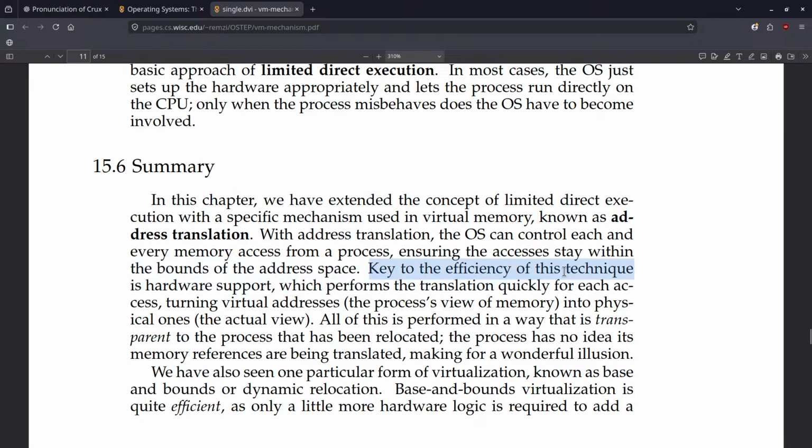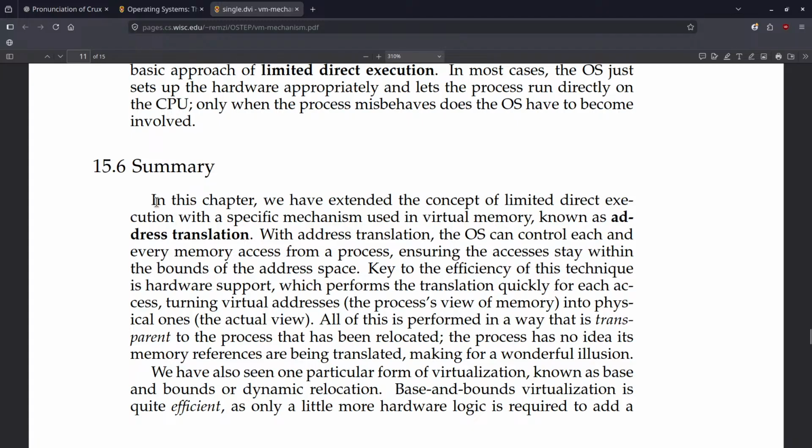Key to the efficiency of this technique is hardware support, which performs the translation quickly for each access, turning virtual addresses, the processor's view of memory, into physical ones, the actual view. All of this is performed in a way that is transparent to the process that has been relocated. The process has no idea its memory references are being translated, making for a wonderful illusion.